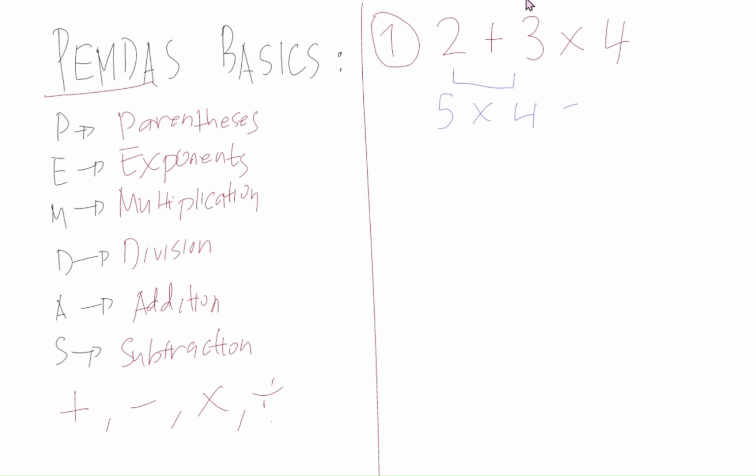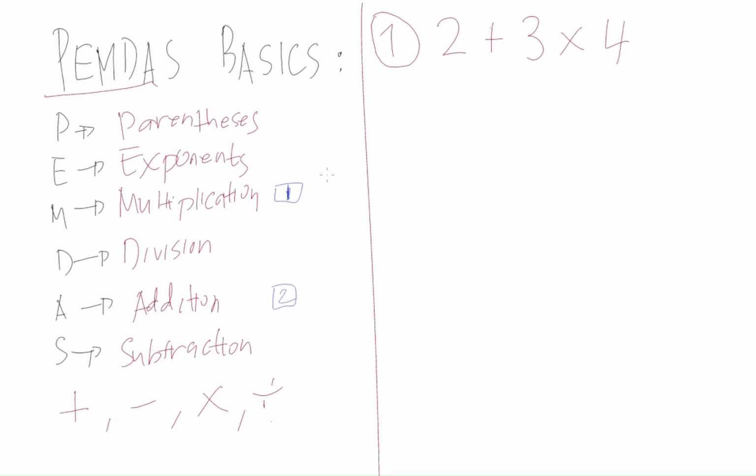So what you have to do is follow the PEMDAS. In here, our operations include an addition and a multiplication. According to our acronym, the multiplication is first, then addition.